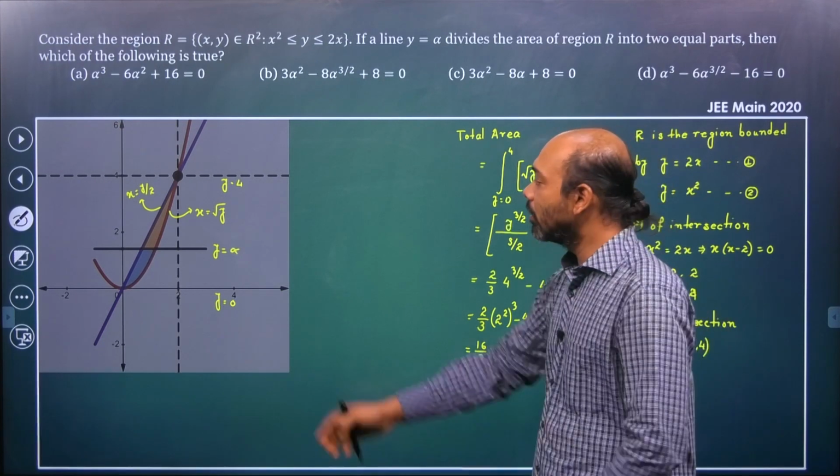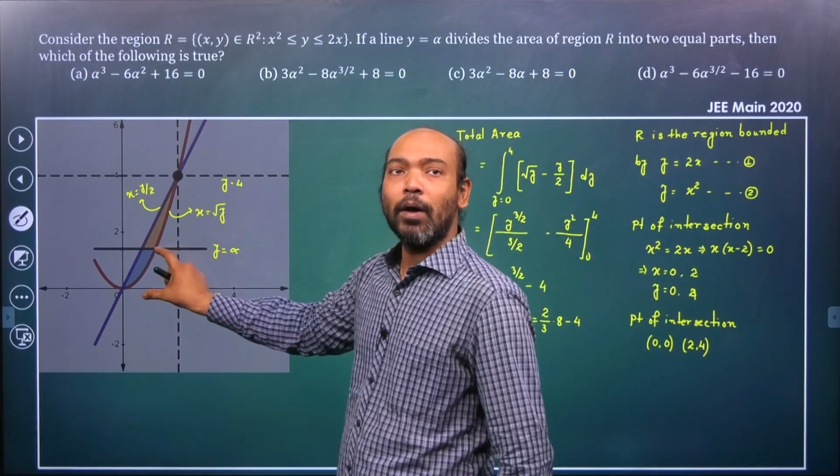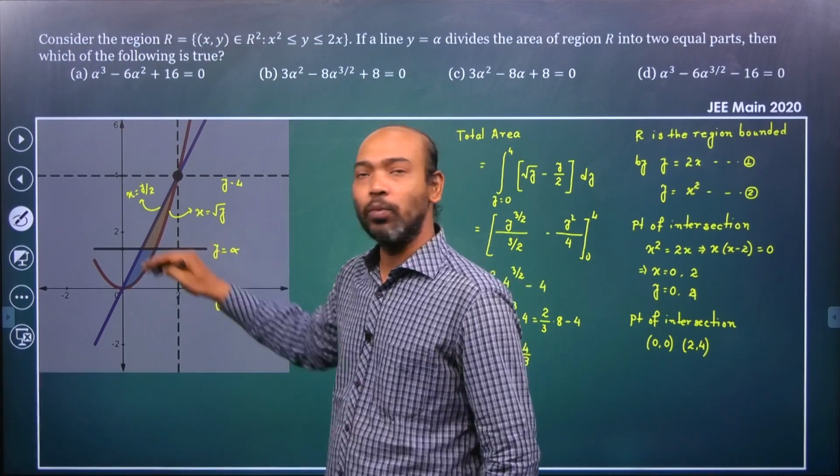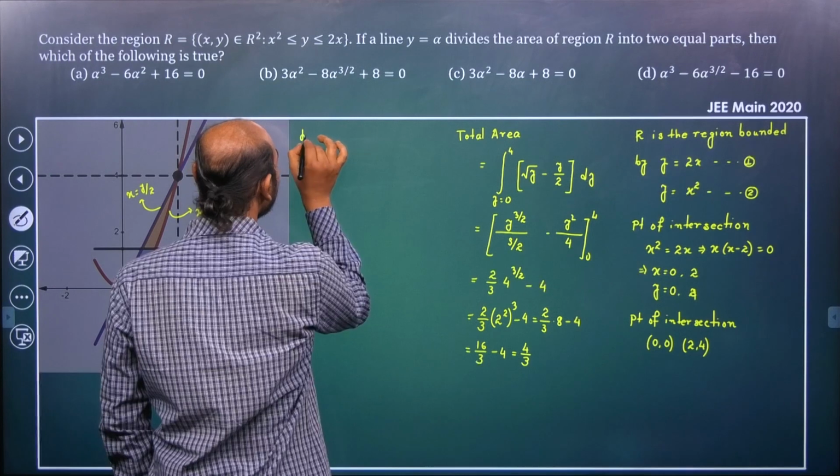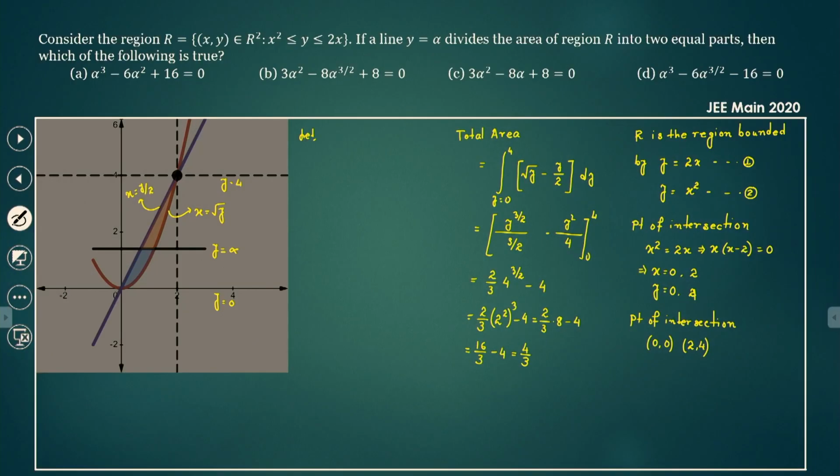Now we are trying to find the region bounded between y equal to 0 and y equal to alpha. So let A be the region between y is equal to 0 and y is equal to alpha.